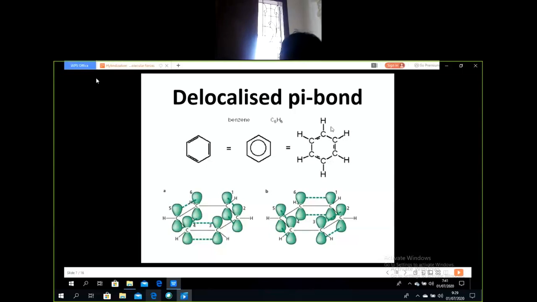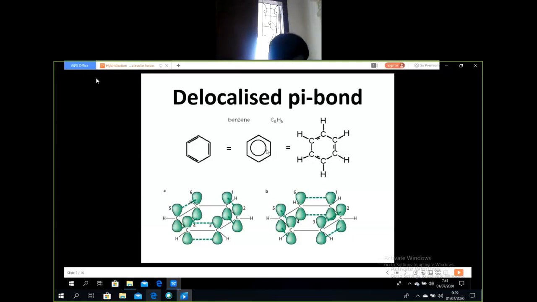Because it forms a ring, the structure can be drawn like this. This is called the skeletal formula of benzene. There are 3 double bonds. Because the double bond can rotate to any position, that's why it is in the form of a ring.